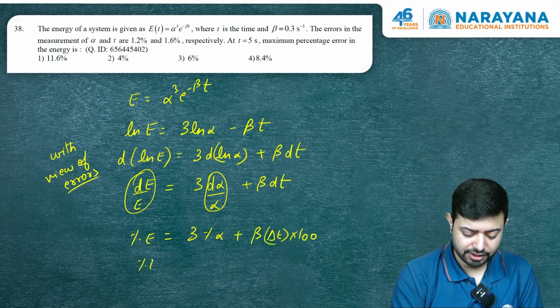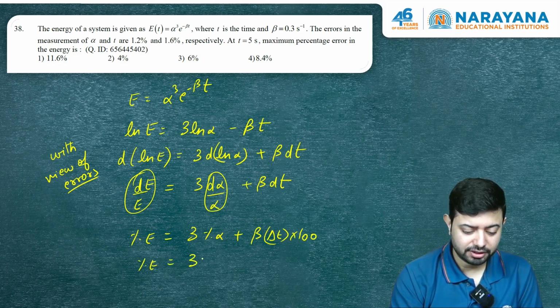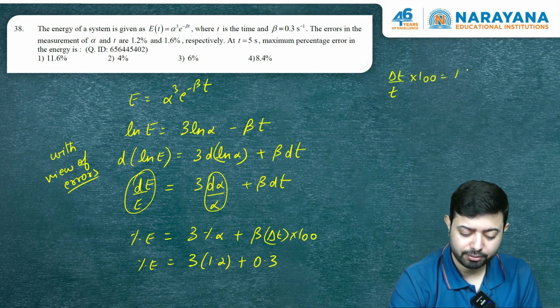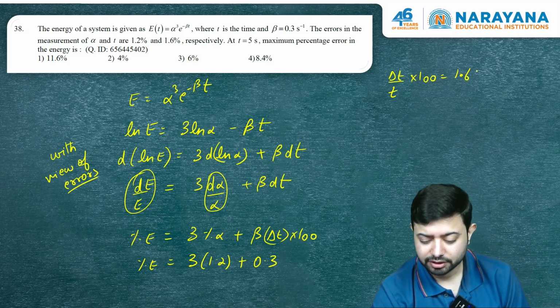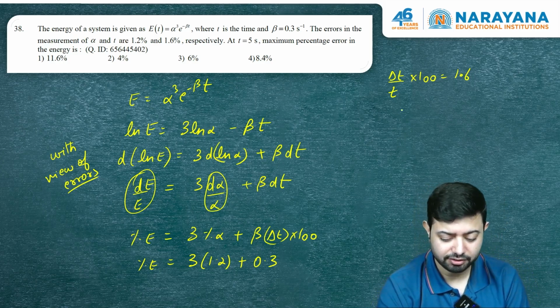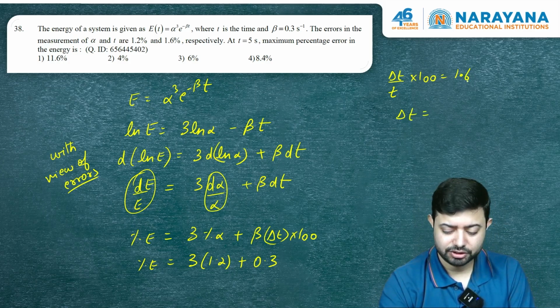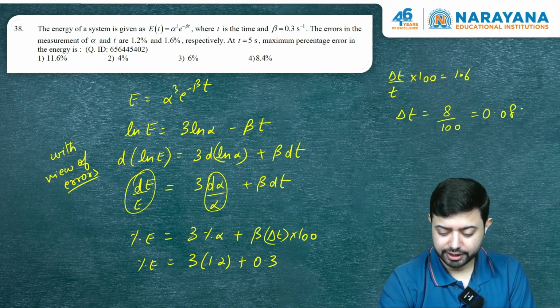So, what is the percentage error in E? 3 times percentage error in alpha 1.2, beta is 0.3. Then delta t, how to find delta t? Well, delta t by t into 100 is given as 1.6. T is 5. So, delta t is 5 into 1.6, which is 8 by 100 or 0.08.